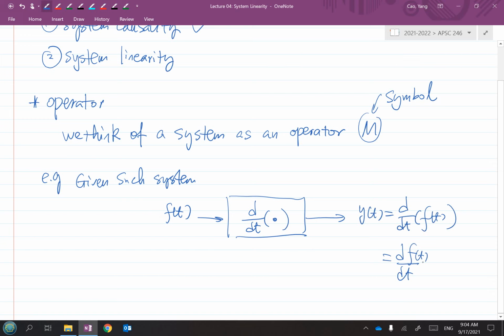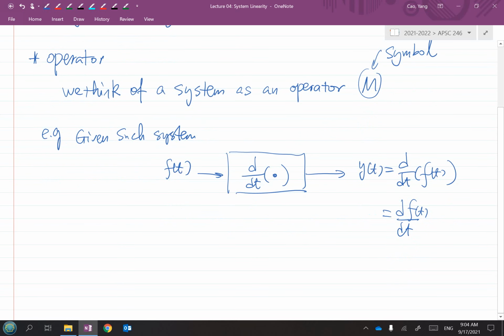Now, if I choose to use an operator to represent the system, instead of very specifically using a derivative operator, you could also just say, here is a system. I use M to represent this operator. Then the input over here, and the output is y of t.